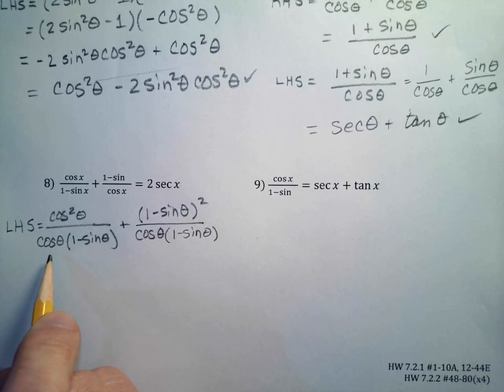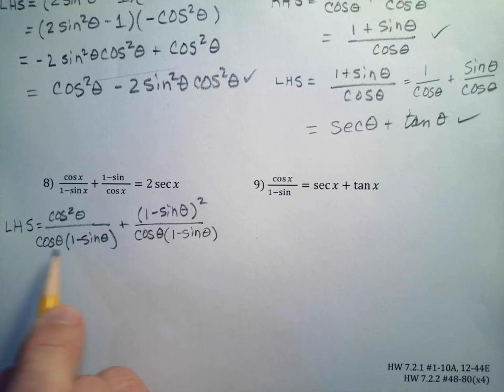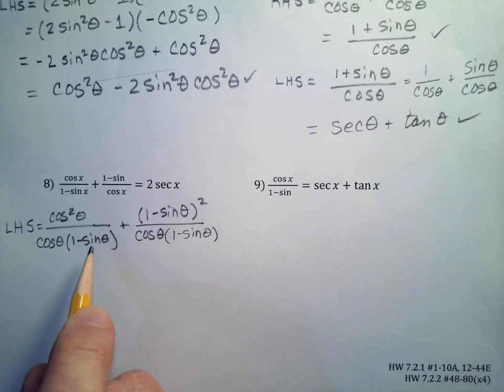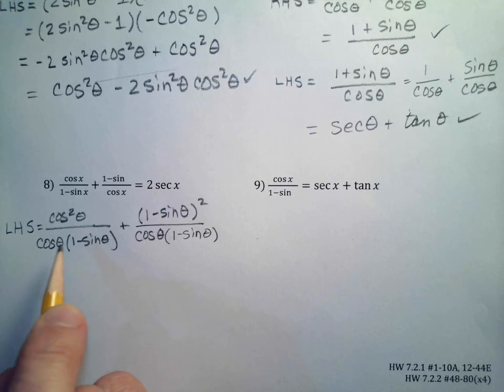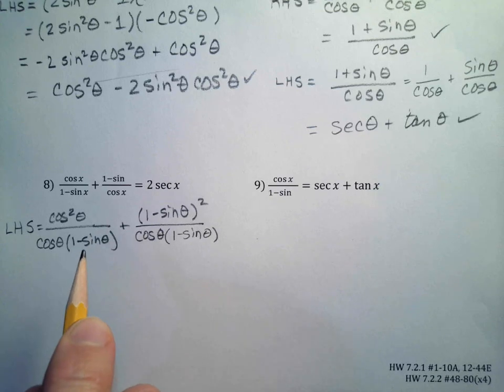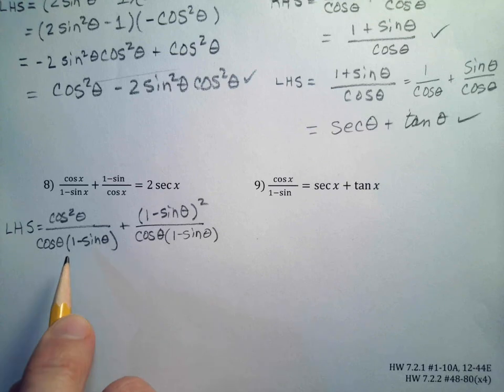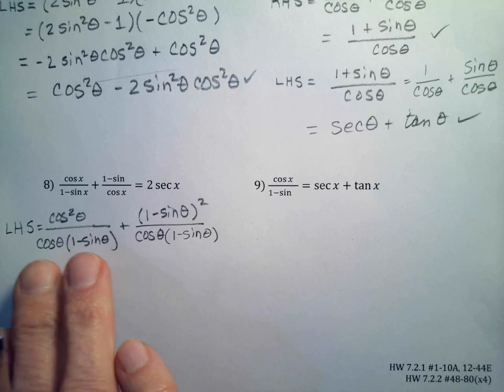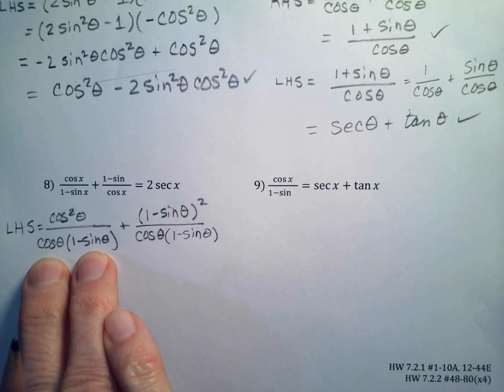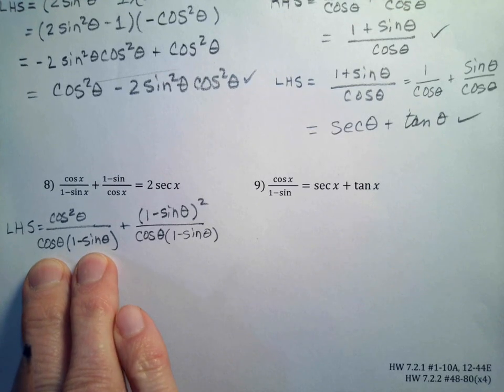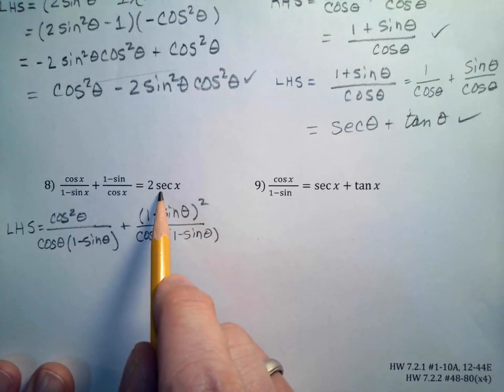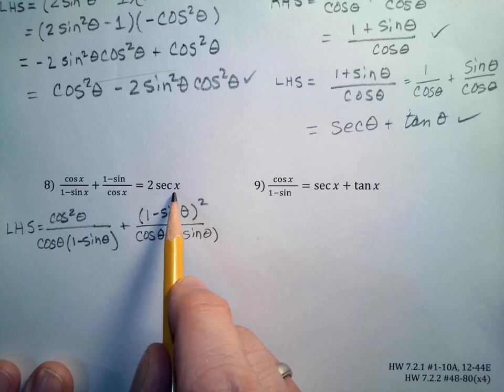Now, I would say at this point, don't distribute these. It's tempting to go ahead and write it as cosine theta minus sine theta cosine theta, but leave them for right now because we might be able to cancel something. And you could see for a minute, if you look at where we're going, we want secant.